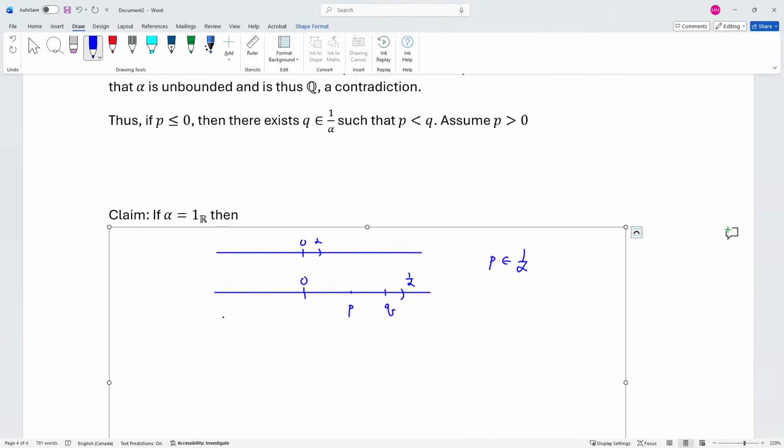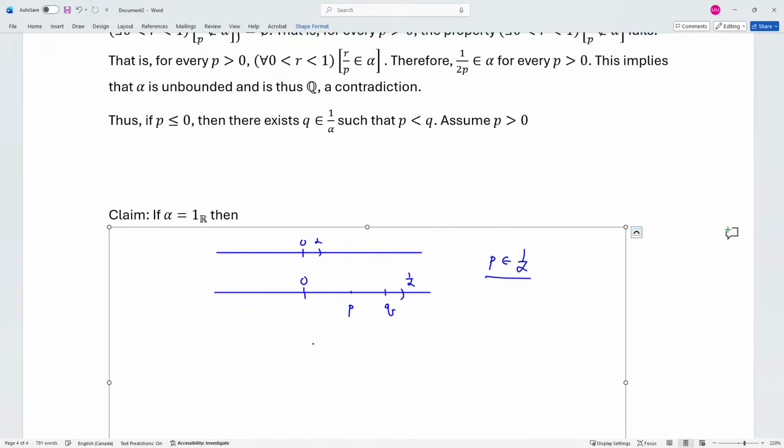I was saying, if p is in 1 over alpha, then there exists r such that r is greater than 0, less than 1, and r over p is not in alpha. So we need to construct a q. We need to exhibit a q that is also in 1 over alpha and that is greater than p.